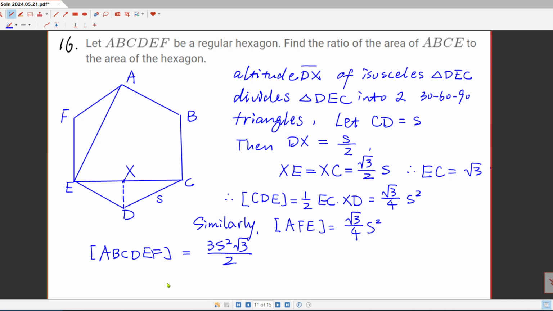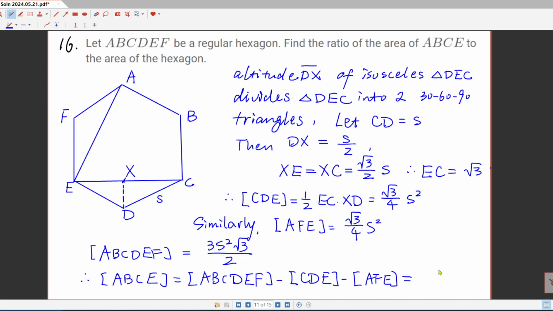So the area of ABCE can be calculated by using the area of the regular hexagon subtracted by triangle CDE and subtracted by the area of triangle AFE. And that gives us S squared square root 3.